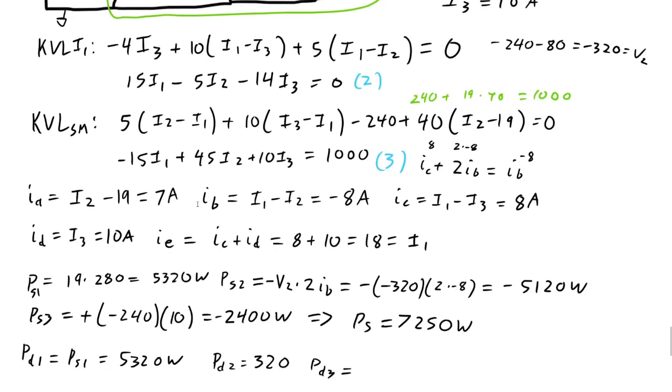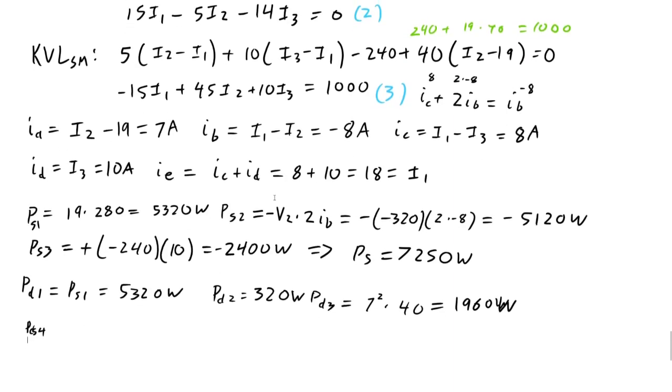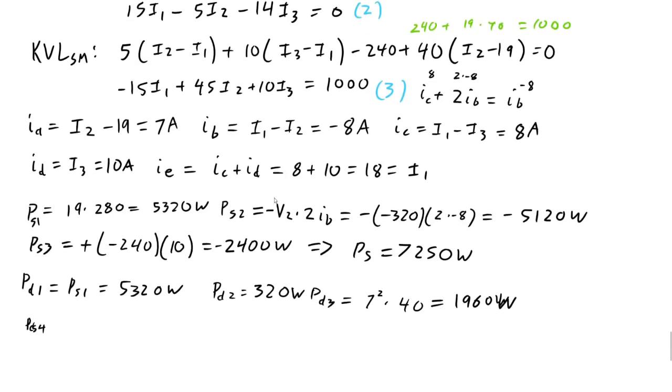So IA 7 squared times 40. 49 times 40 is 1960. And finally, the last resistor, PD4. PD4 is 10 ohms. IC is 8. 64 times 10, 640 watts.